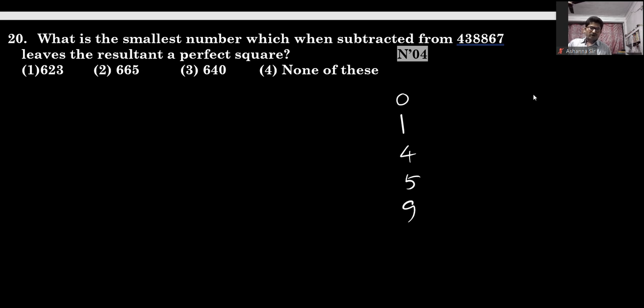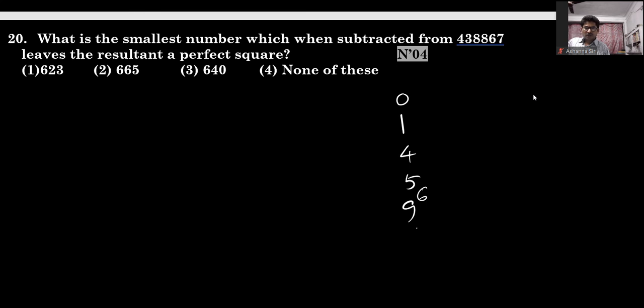So perfect square numbers end in these digits, children. 0, 1, 4, 5, 6 also, children. 6 also. So they end with these digits.